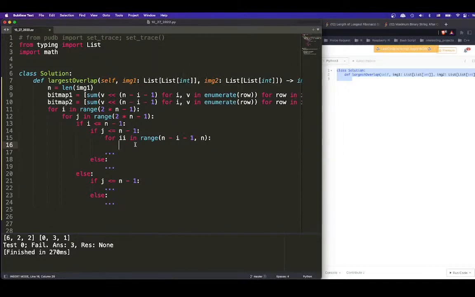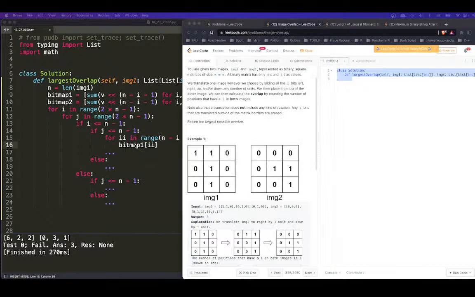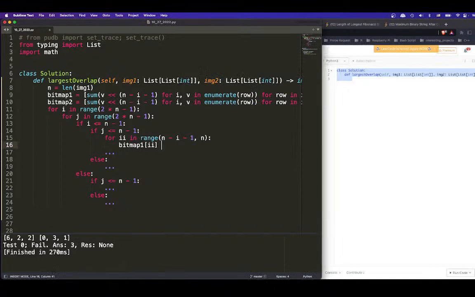So we can say bitmap 1 of I, right? That's the one we get. And we need to do some shift. So this thing needs to AND something, a mask, right?